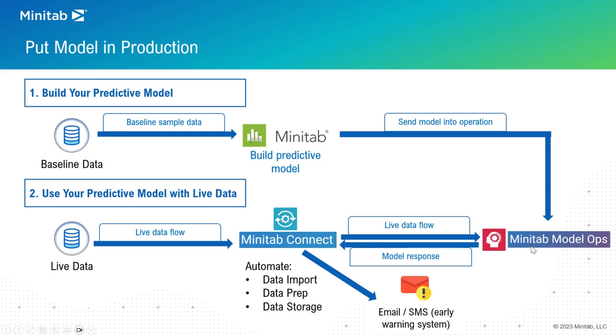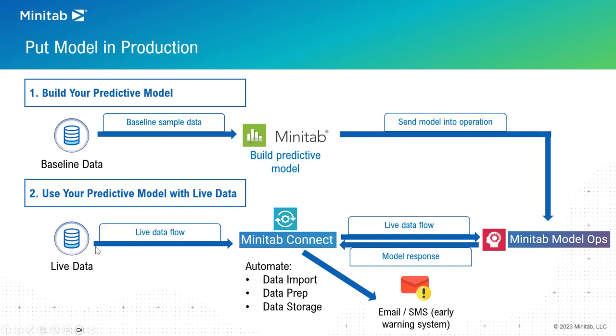Now that we have that model built, we need to start collecting more data. So we have live data that is flowing into Minitab Connect. Minitab Connect is what allows you to do your data imports from your live data sources, prep that data, and store that data.